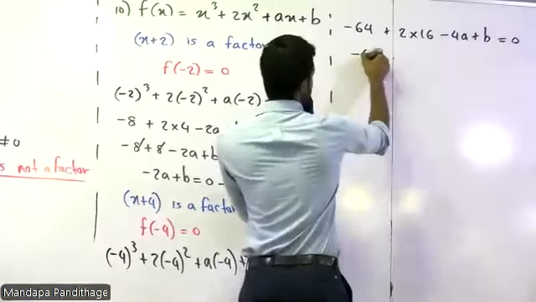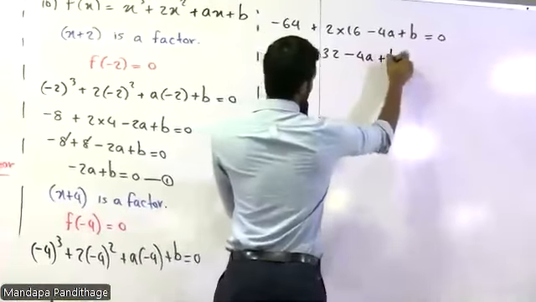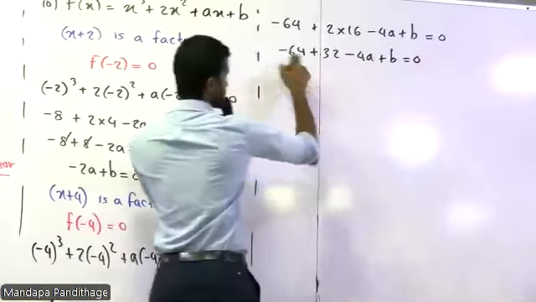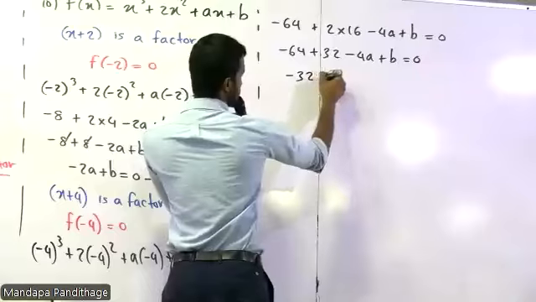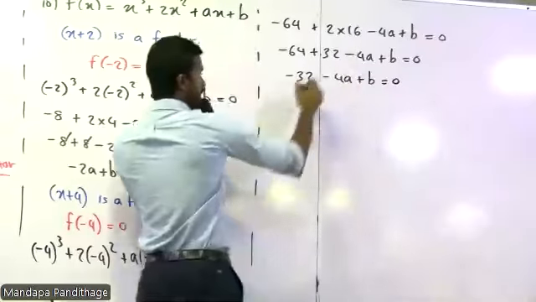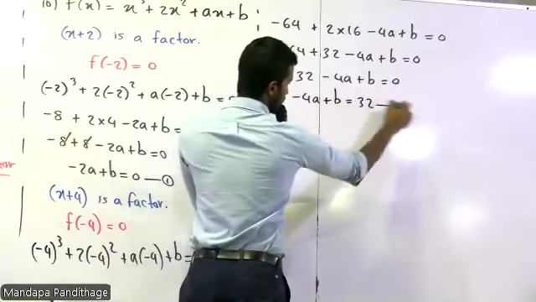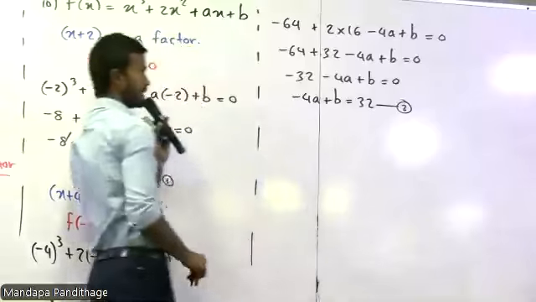So it's minus 64 plus 32 minus 4a plus b equals 0. When you simplify this, minus 32 minus 4a plus b is equal to 0. So I get minus 4a plus b is equal to 32. So this is the second equation that I get.